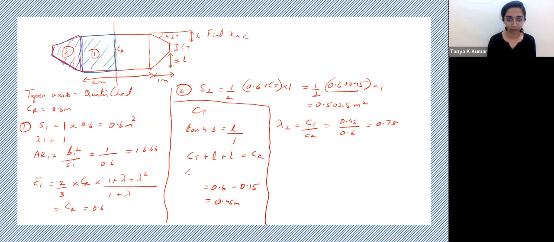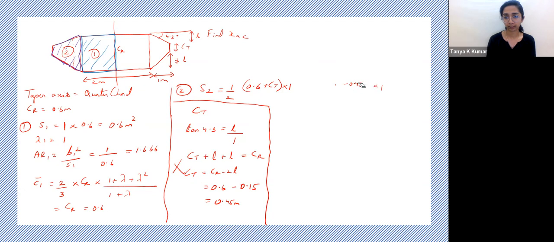Let me write that down. This is not right. Let's try to find out how to do it. It's tapered about the quarter chord. Does that give you any hint? Try to work on that.